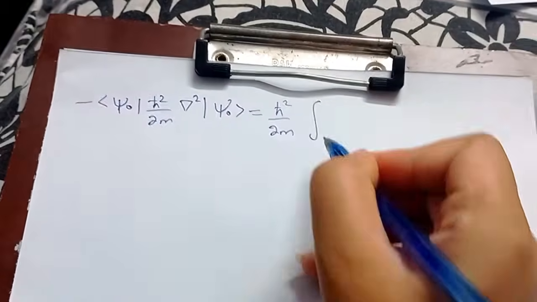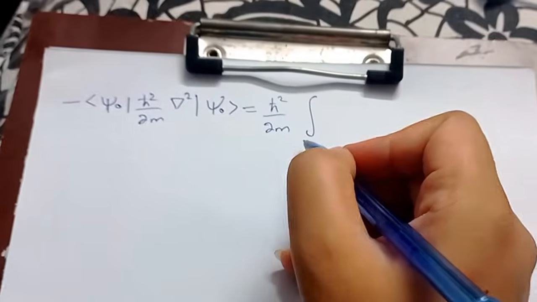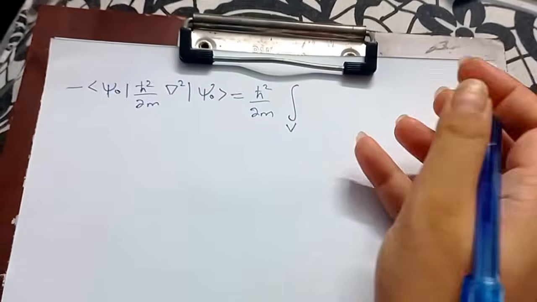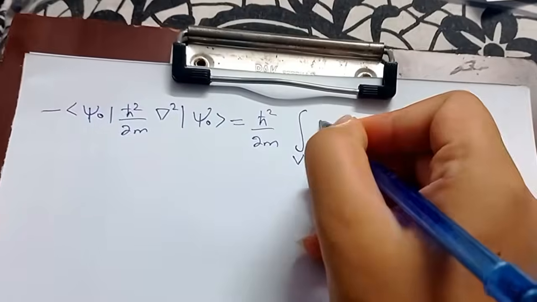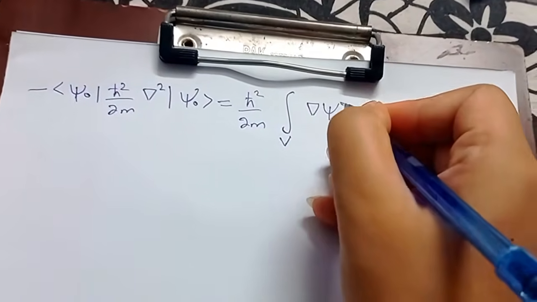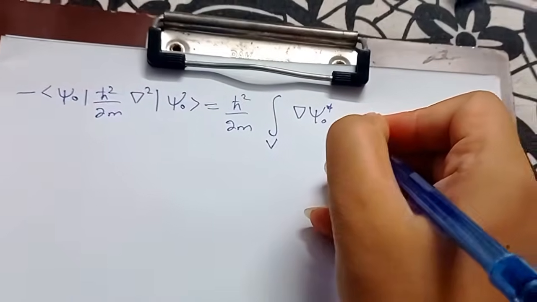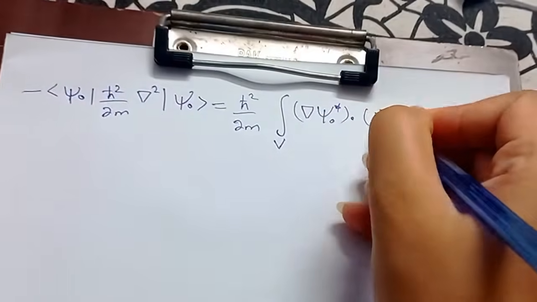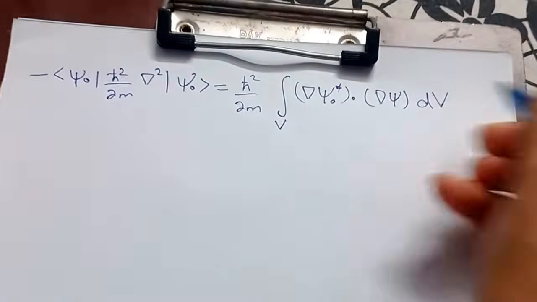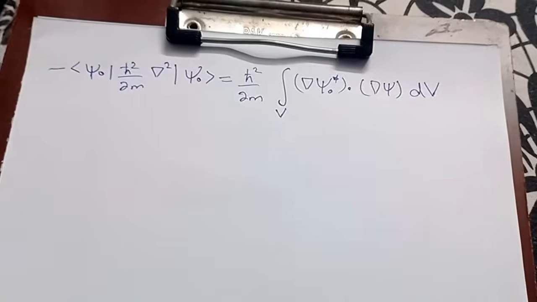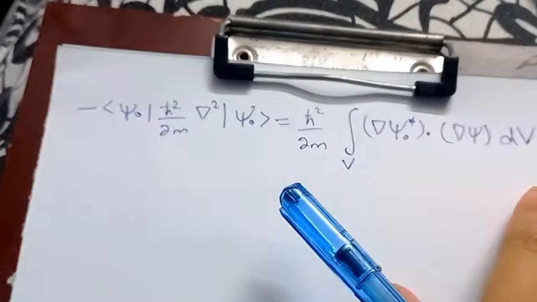Integration over the whole space. Then we have del psi star dot product with del psi dv. That is a really simple formula. The negative sign is absorbed in the process.